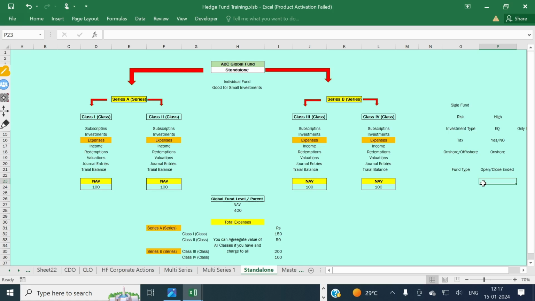The solution is to create a separate series for taxable investors and a separate series for non-taxable investors. Because if you categorize investors on the basis of tax, then you can easily compute NAV for that particular series, or class, and you can update the tax liability as well, in one go. All right. So are you getting my points, Sunny, Suraj?